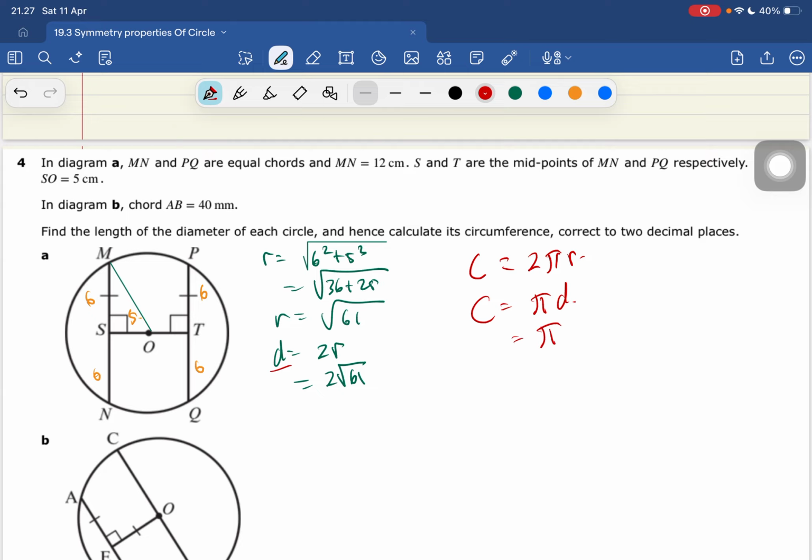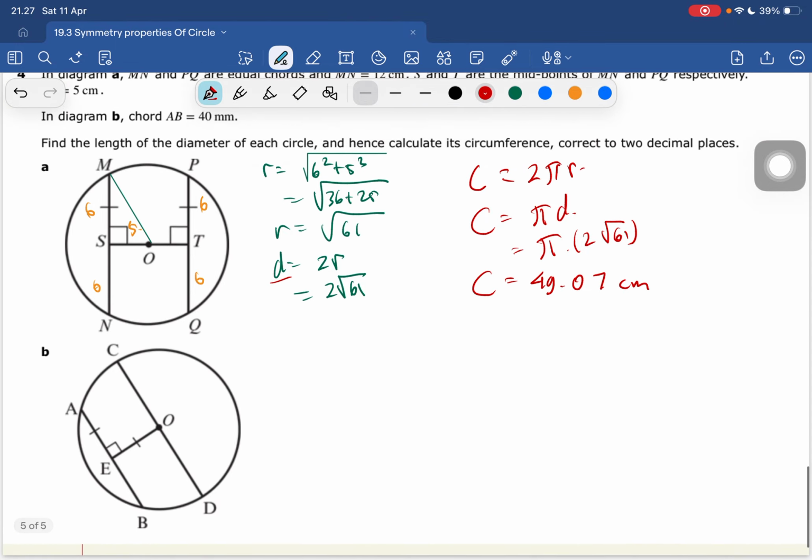So pi, and d we got from here, 2 multiplied by the square root of 61. You need a calculator, so 2 multiplied by the square root of 61, then we multiply it with pi. To 2 decimal places, the circumference is 49.07 centimeters. Okay, next.